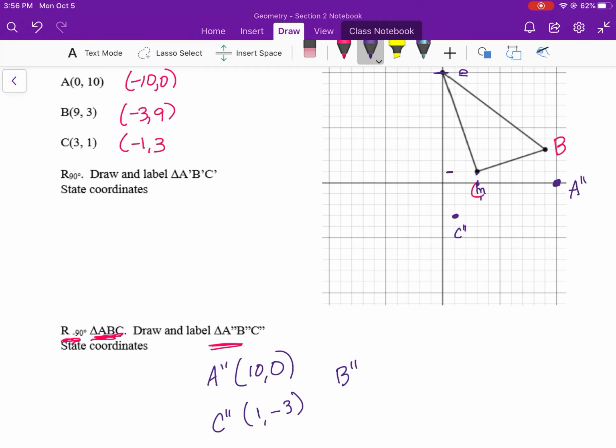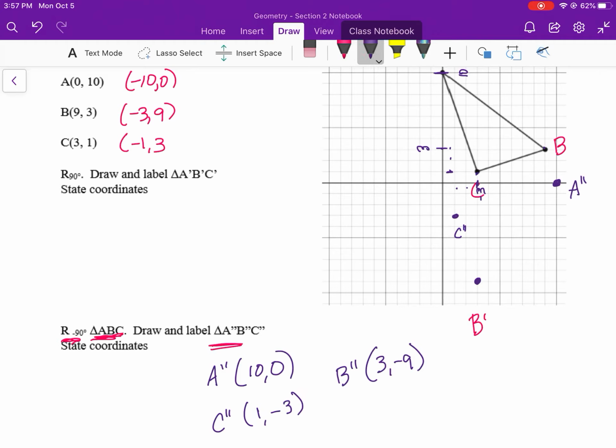Okay, here's B. I'm going to rotate it to the right, 1 kerchunk. You heard the kerchunk on the desk. So this is 1, 2, 3, -9. So B is 3, -9. So then I turn it back so I can write 3, -9, and then I go 1, 2, 3, and go down to -9, which I think is there, because it's one less than the dark line, and this is B double prime.